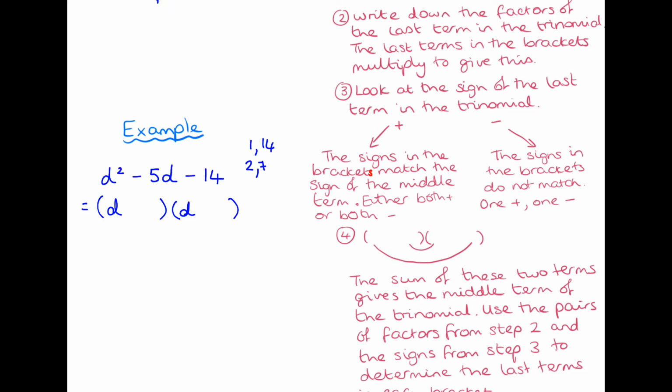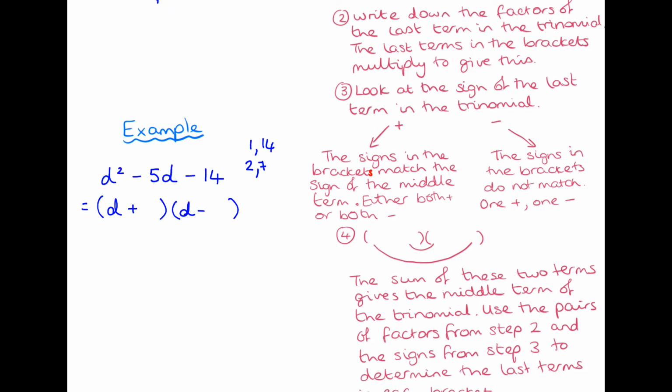Then we look at the sign of the last term in the trinomial. That's negative, so it means we need a plus and a minus in the brackets. And then we pick which pair we can make negative 5 out of, all right? We can't make negative 5, whatever we do with the signs, out of 1 and 14, but we can make negative 5 out of 2 and 7.